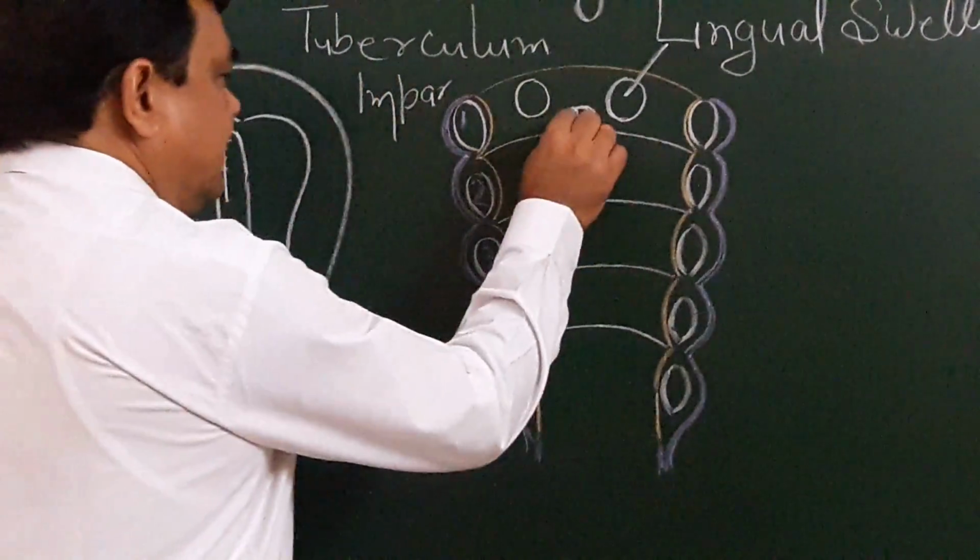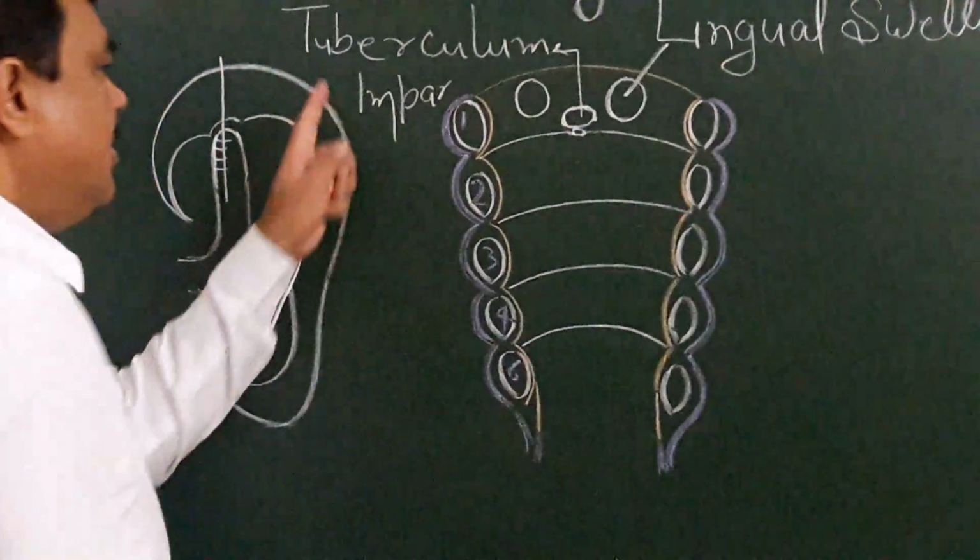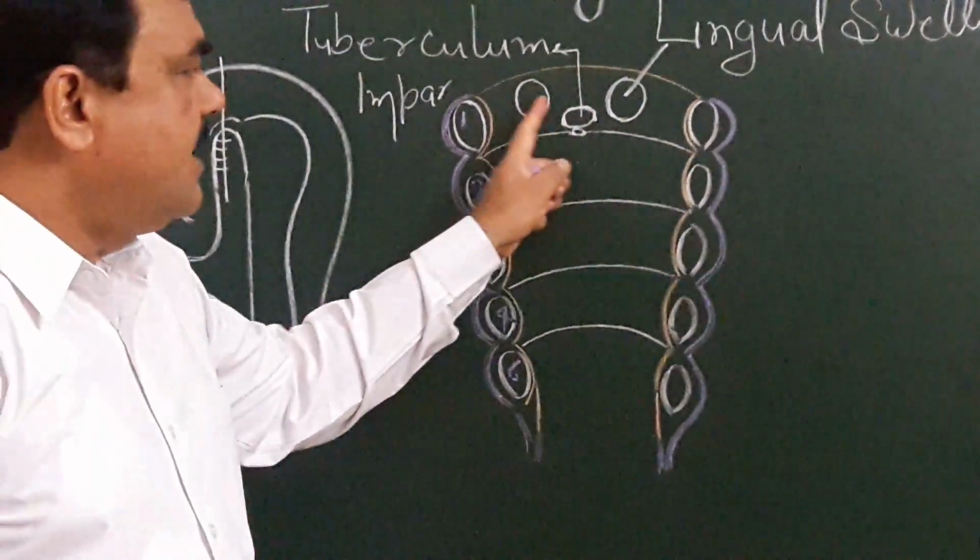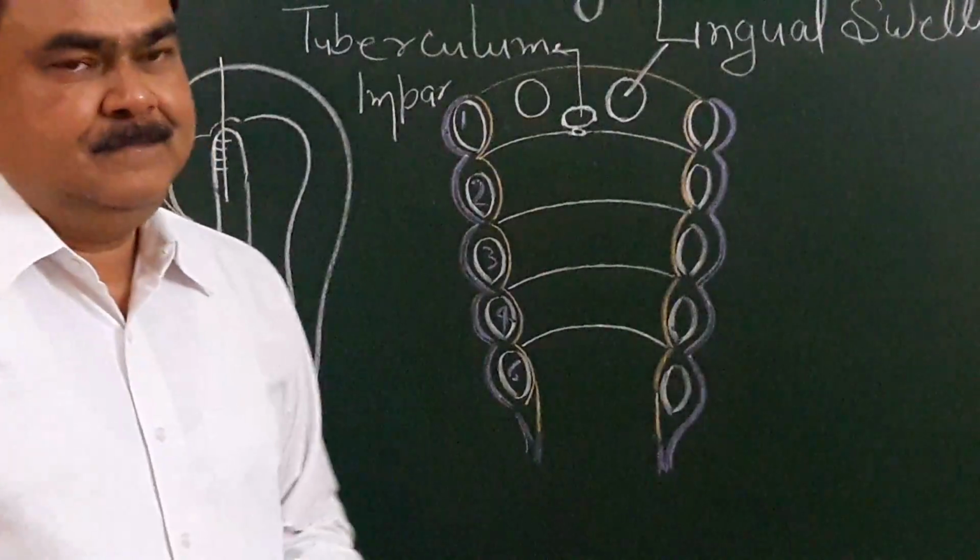So these are two structures: one is the tuberculum impar, and these are the two lingual swellings.